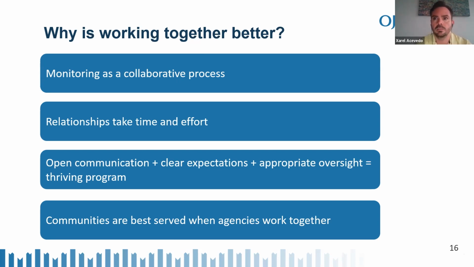And then lastly, always maintain appropriate oversight or monitoring to make sure that they're performing well, okay, and that they're complying with the requirements. And then lastly, it says communities are best served when agencies work together. We like to say that bringing together different expertise and different experiences is a great way to help communities, with different angles and different programs. Okay. Next slide, please.